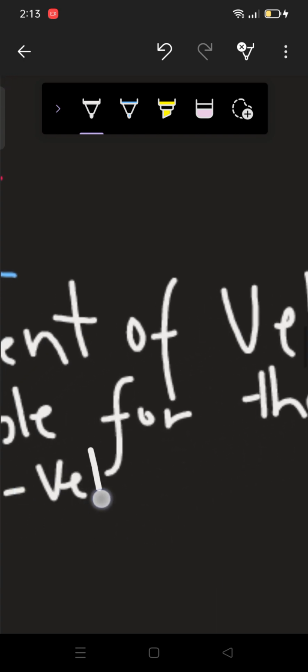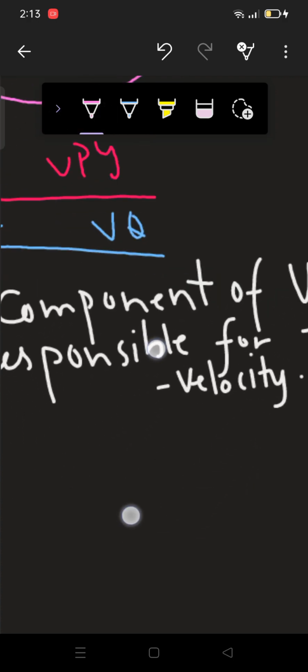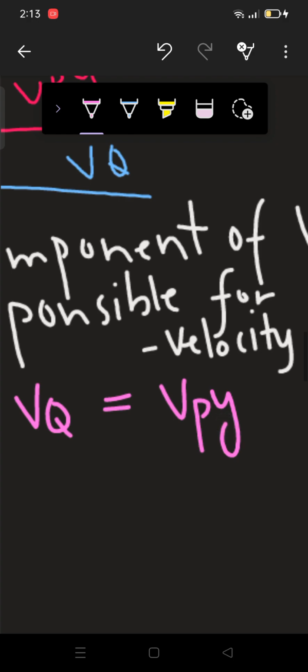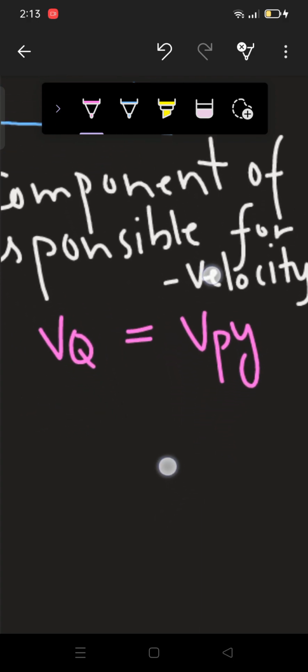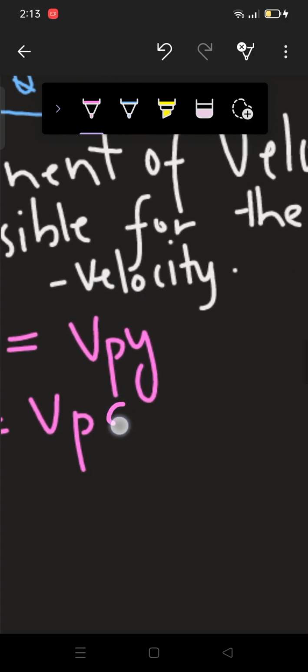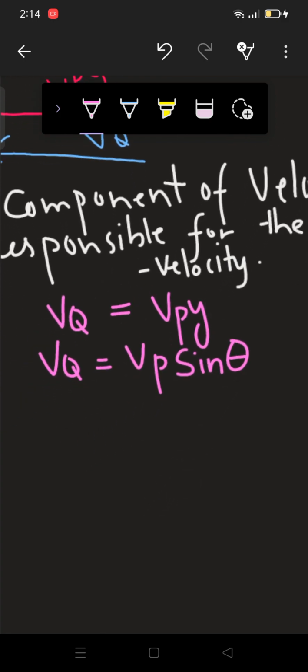Which means vq would be equal to vpy, since vpy is responsible for vq. Now if I remove this y, I'll have vp sine theta, because we have already talked about this in the vectors chapter, right?